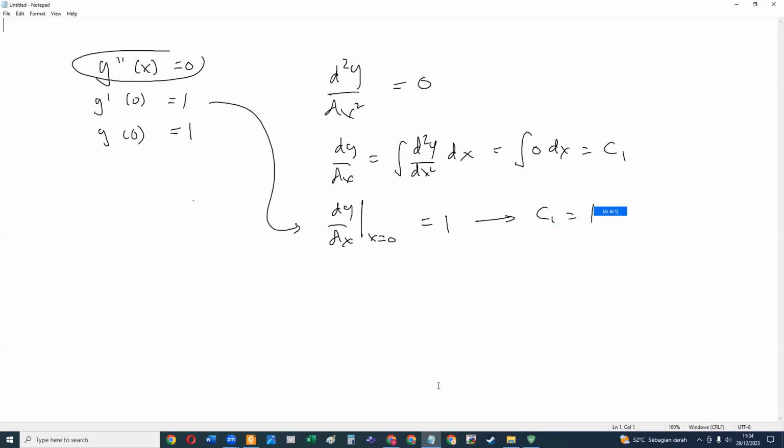Hence, C1 is 1. Now we understand that y dash is simply going to be 1. It's not even x, it's just a constant 1. So this is dy dx.